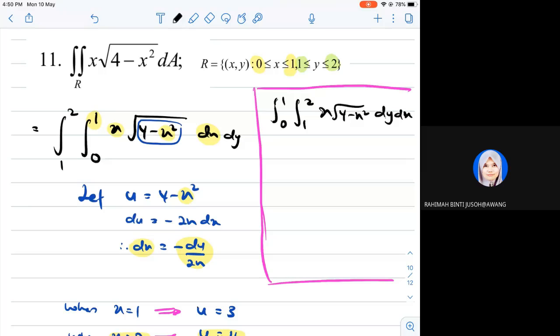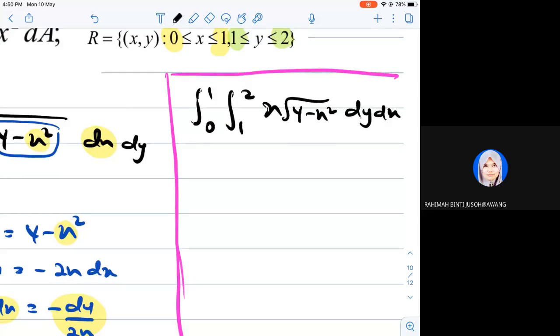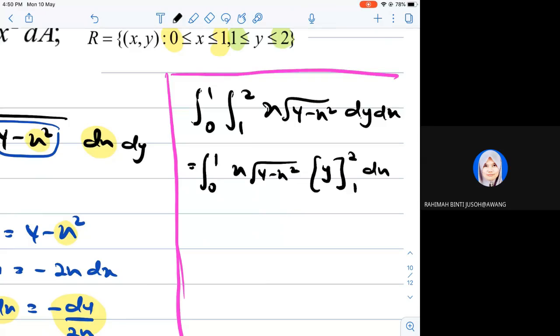So, bila you integrate terhadap y dulu, dia semua ni jadi constant kan? So, dia duduk luar siap-siap lah. So, 0,1 x 4 tolak x kuasa 2 darab dengan y, selesaikan 1 dengan 2 dx. 2 tolak 1 dia 1 lah kan? So 0 ke 1 x 4 tolak x kuasa 2 dx.